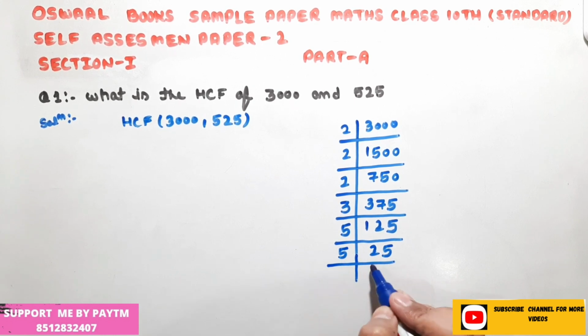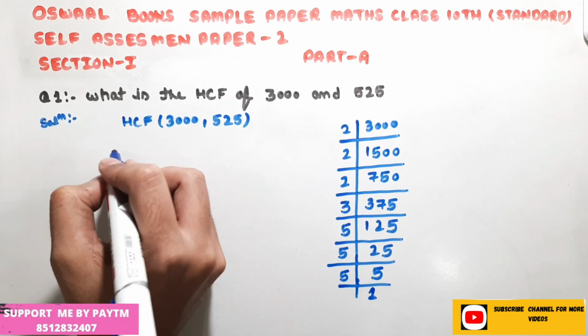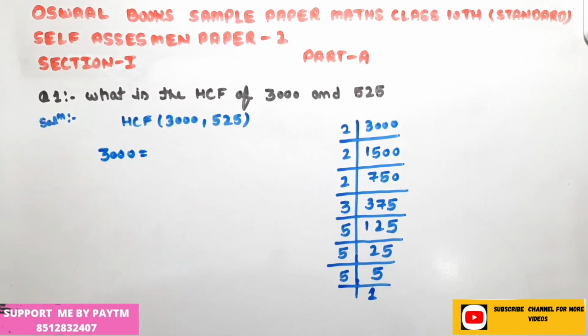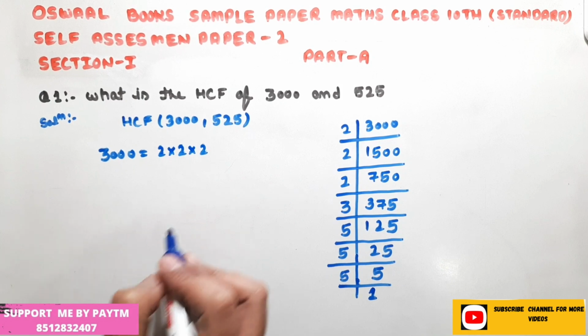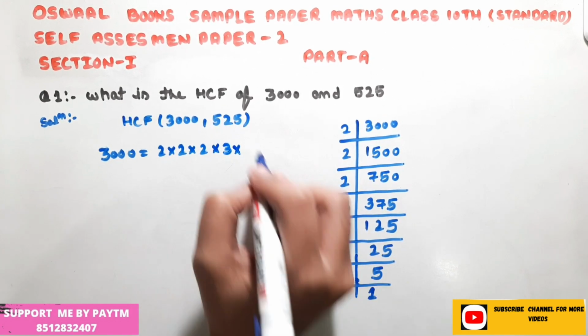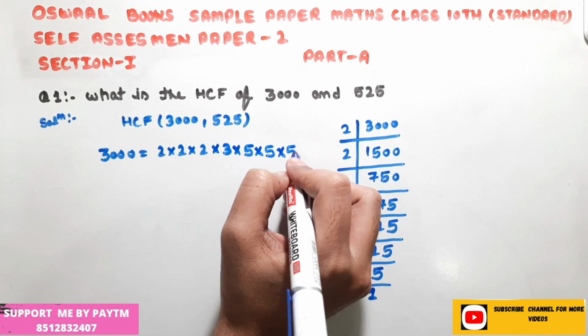Again 5, 5 5s are 25 and again 5, that is 1. So the prime factorization of 3000 will be 2 into 2 into 2 into 3 into 5 into 5 into 5.